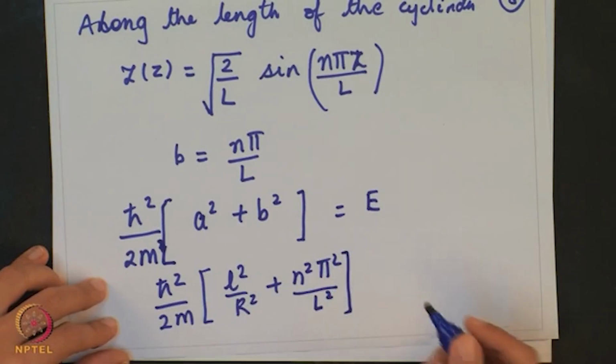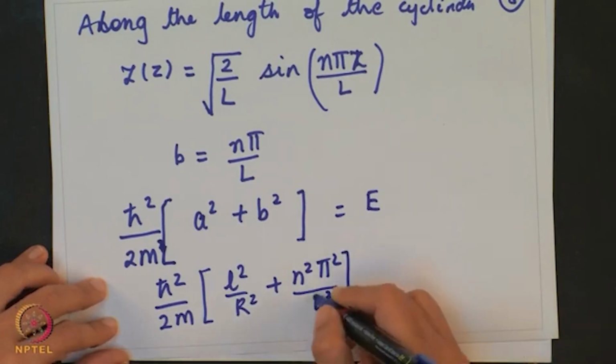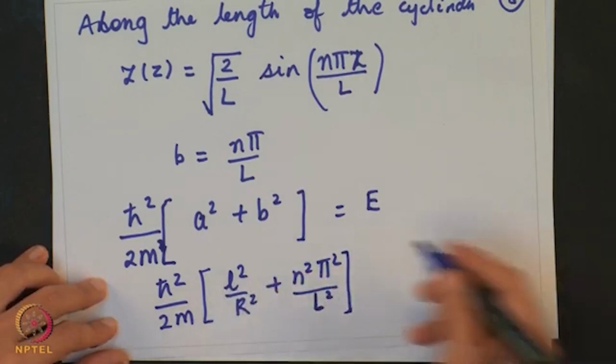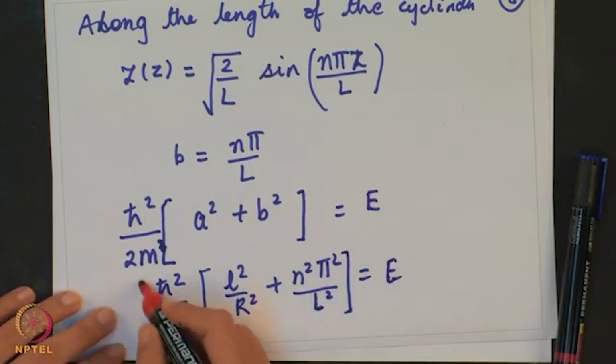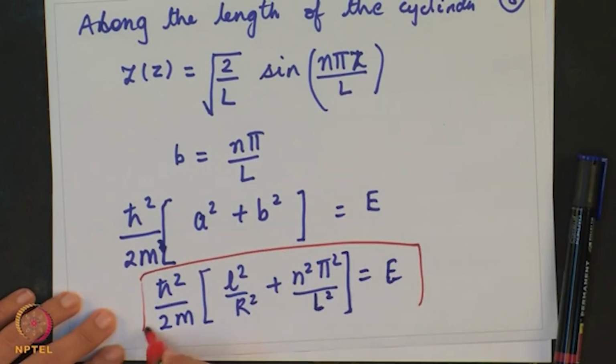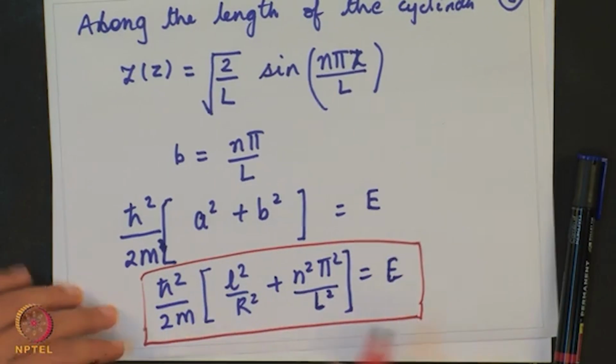This is a capital L, this is a small l, remember. So, this is the energy eigenvalue and the wave functions you have seen.